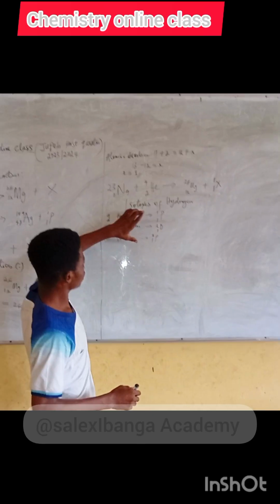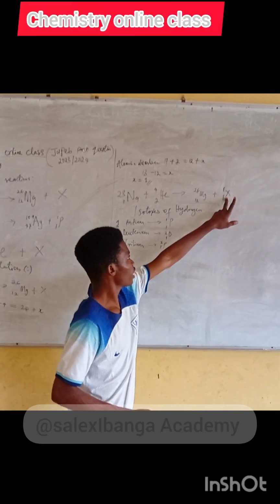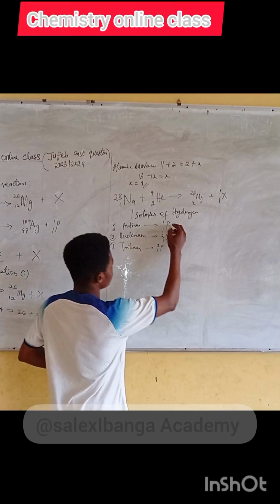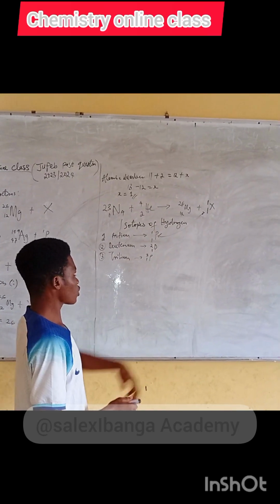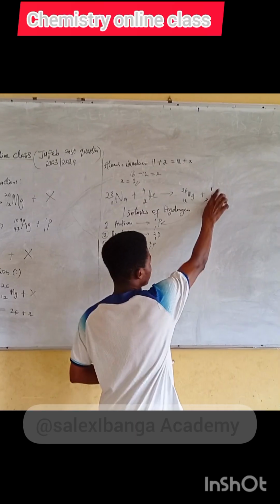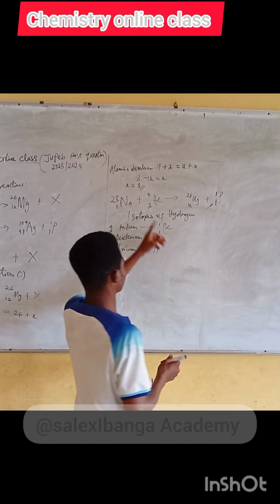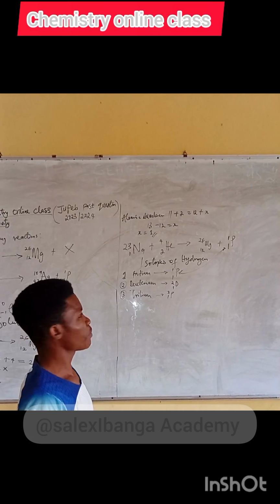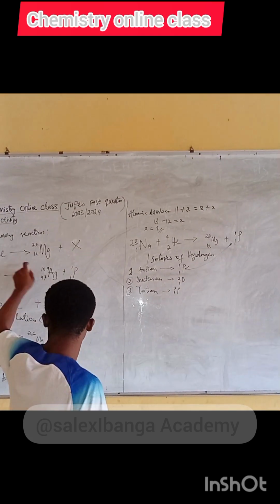So now, under these 3 isotopes, the one that represents this x is this guy here. So in the place of x, I can quickly replace x now with p. That is the aim of that reaction for this particular one.